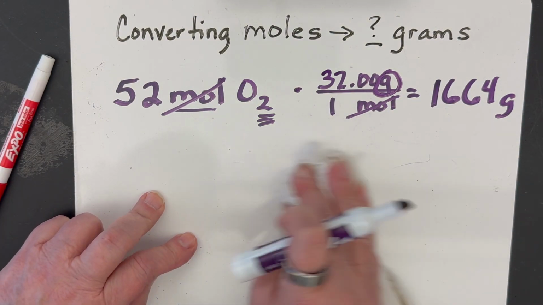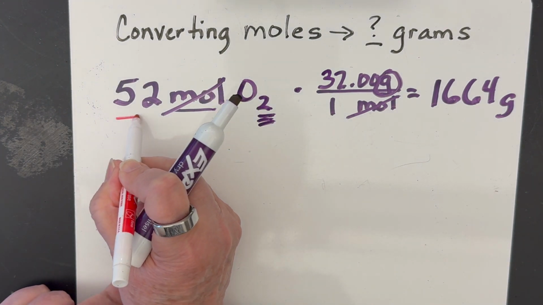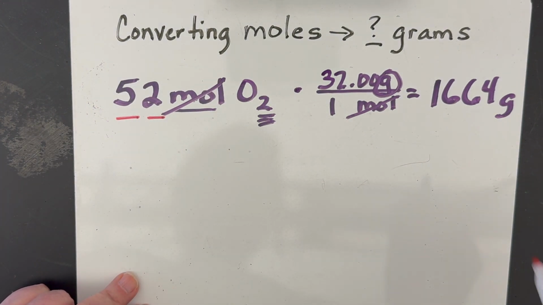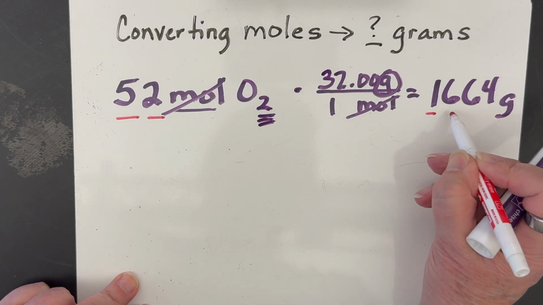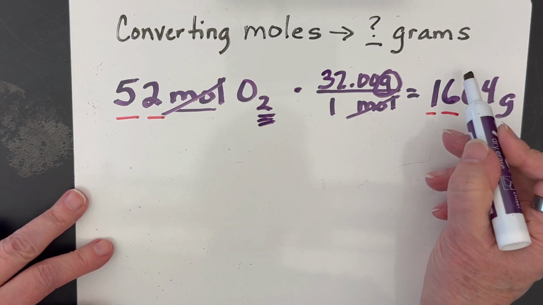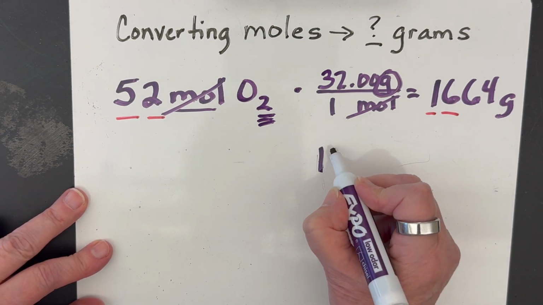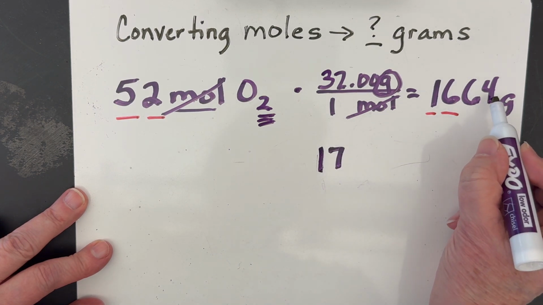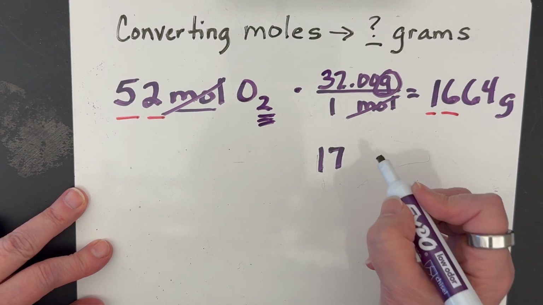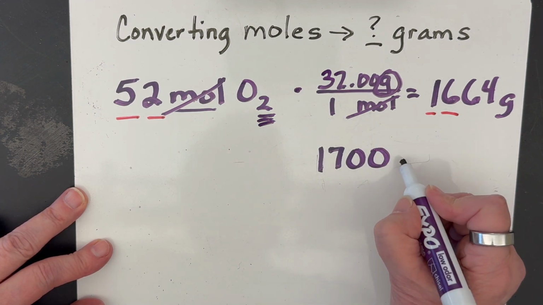But too many digits. So we go back and we look at our original question, 2 places. So we're going to keep this one and this one. The next one's a 6, so we're going to round that up to a 7. So we're going to keep the 1, the 7. We got to keep these places, otherwise it's just 17. So we're going to make those be zeros, grams.